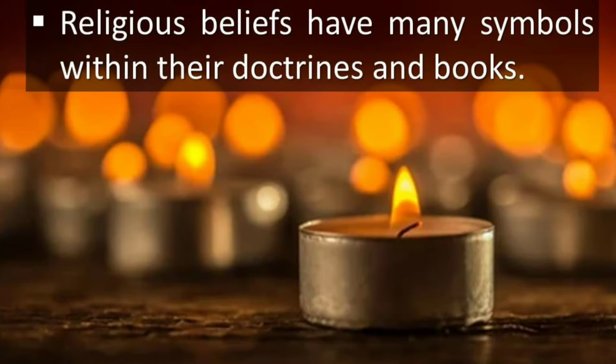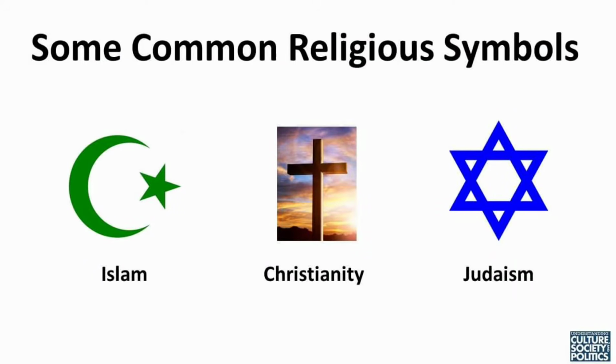On the other hand, religious beliefs have many symbols within their doctrines and books, and these are only a few of the widely known religious symbols. First, the crescent moon and the star represent Islam. The cross represents Christianity, and David's star symbolizes Judaism.